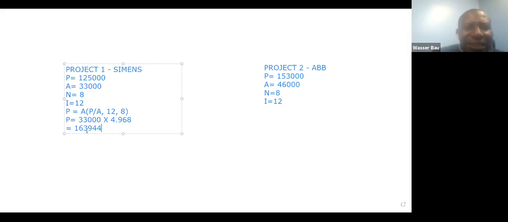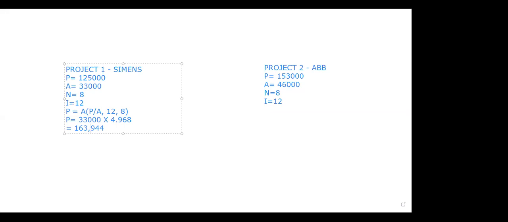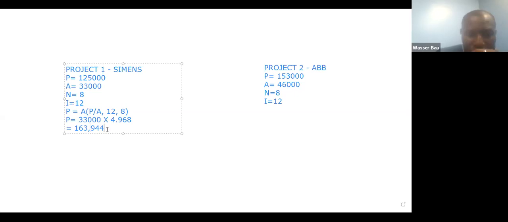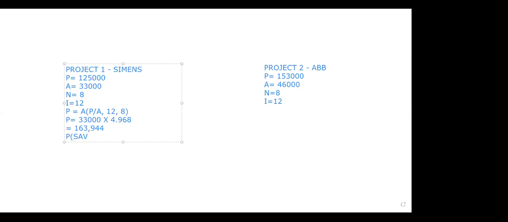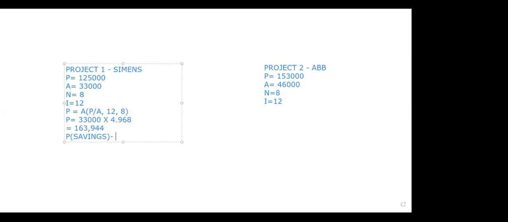So it means that this savings we are getting from this investment of 125,000. Yeah, let's finish with this one. The present worth is now, as we said, the P on savings minus the initial cost, P of cost.